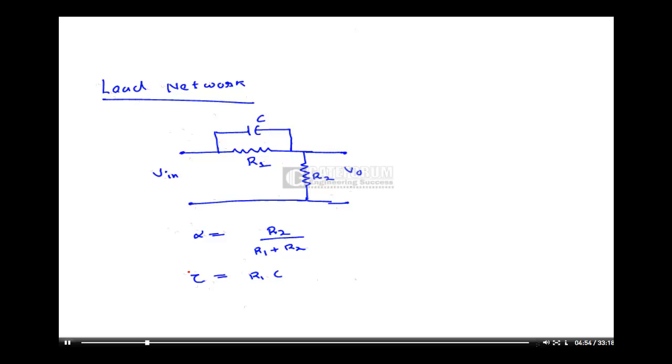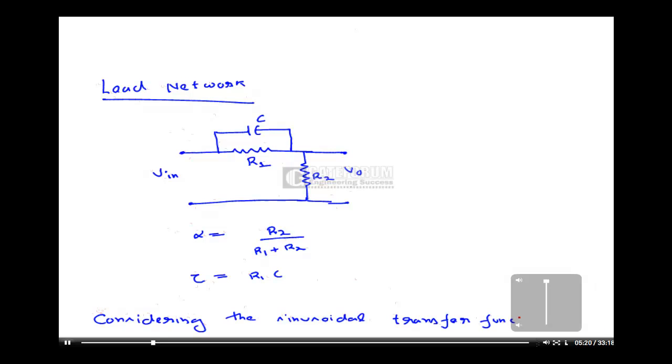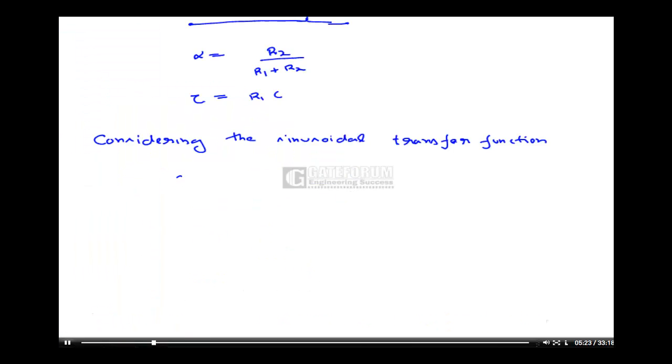Now in this case, if we see the phase, it will always be positive. Considering the sinusoidal transfer function, Gc of j omega is equal to alpha times (1 plus j omega tau) over (1 plus j omega alpha tau).